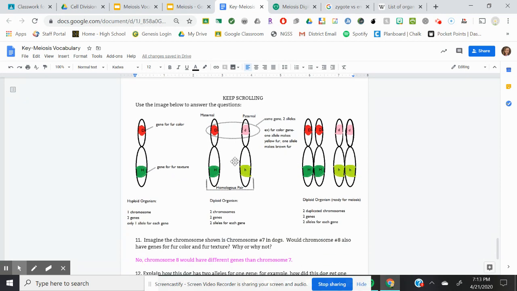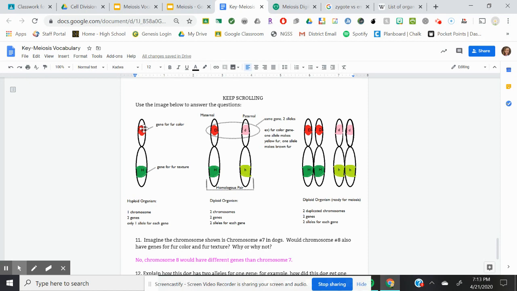Imagine the chromosome shown is chromosome 7 in dogs. Would chromosome number 8 also have genes for fur color and fur texture? So this chromosome is chromosome number 7 in dogs. And on this chromosome, you'll find the gene for fur color and for fur texture. On chromosome number 8, you would find different genes, okay? The gene for fur color is only found right here on chromosome number 7.